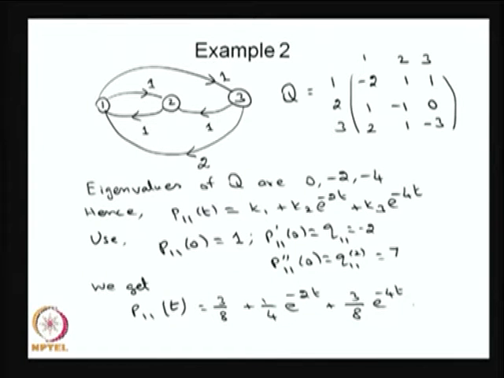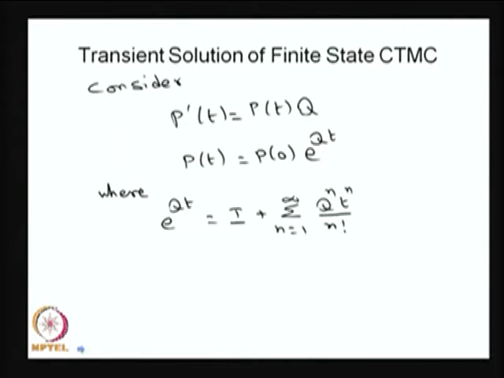So, this is the other way of getting the time dependent solution, the transition probability of the system being in state j, given that it was in state i at time 0. Suppose the CTMC has a finite state space, then I can use the exponential matrix also to get the time dependent solution.